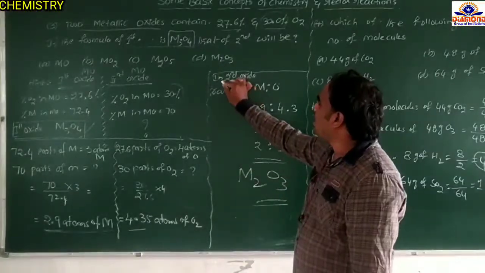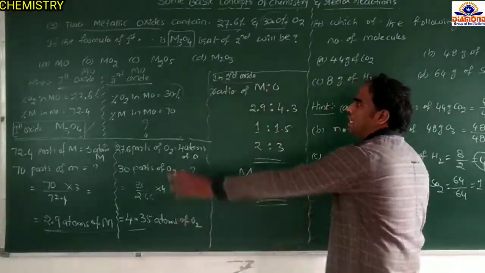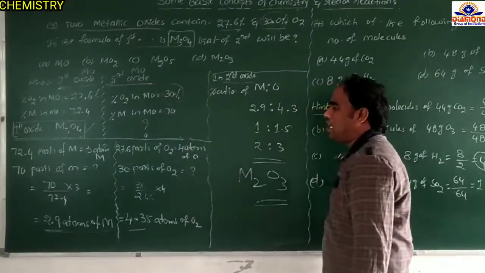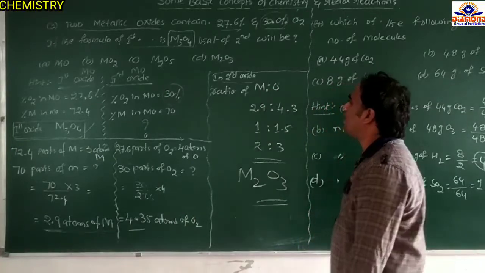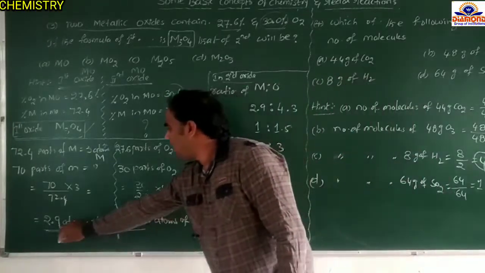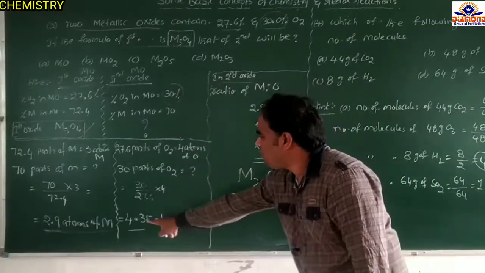Now in the second metal oxide, the ratio of metal and oxygen is metal 2.9, oxygen 4.35.